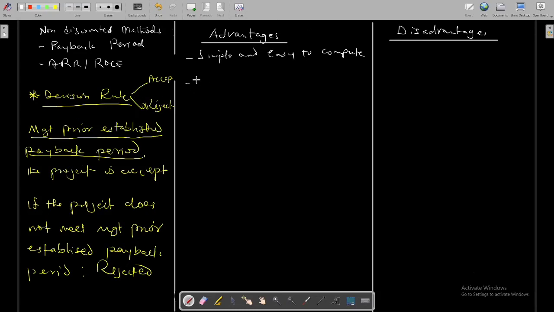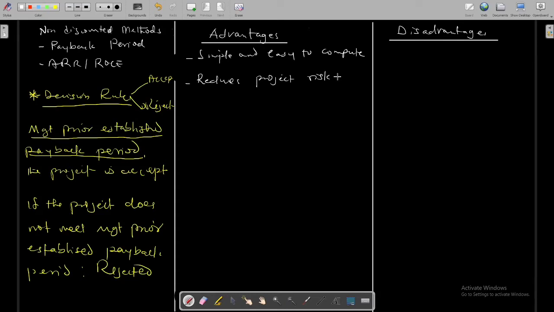It reduces project risk. Now, any capital project or capital budgeting project is for a long period, so it faces a lot of risk, of which we will look into detail the kind of risk that a project faces.